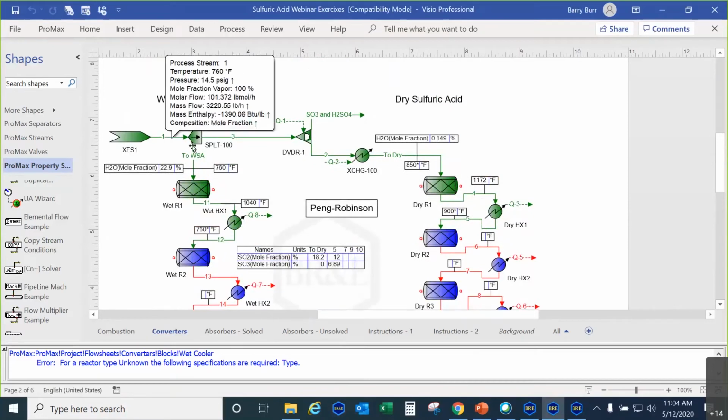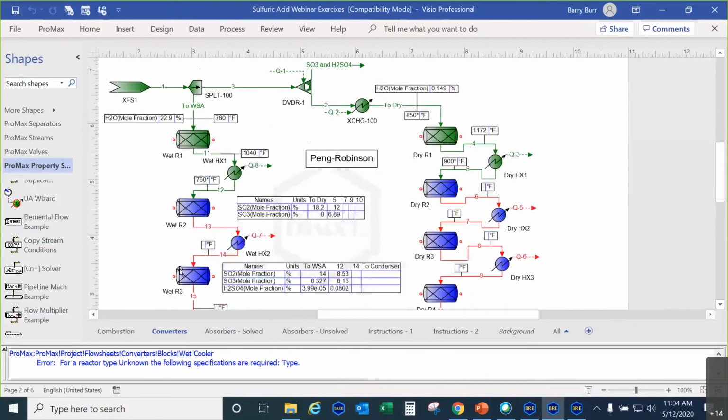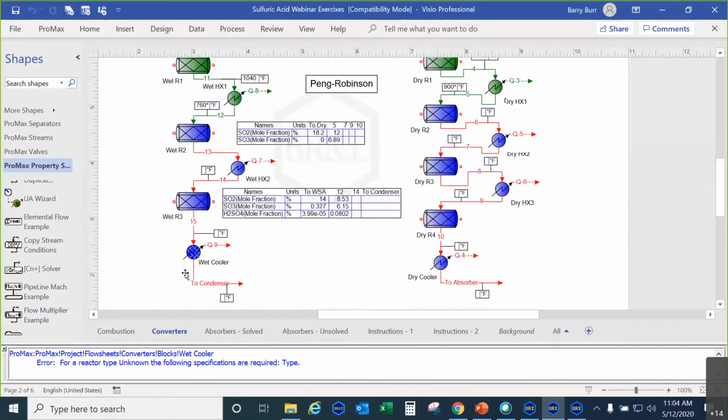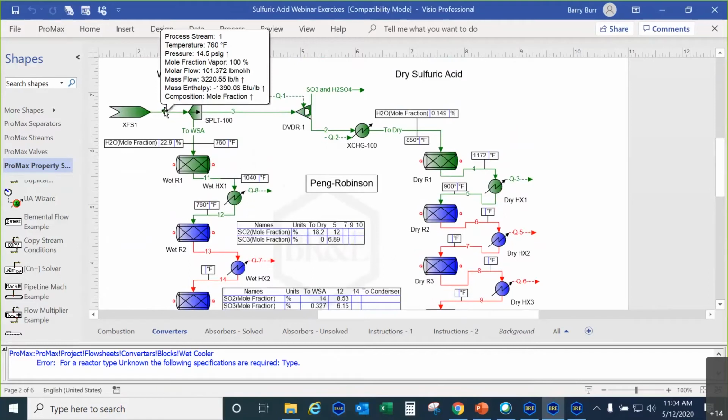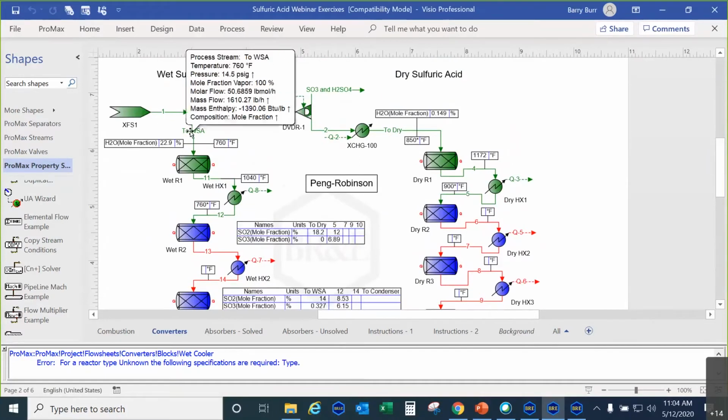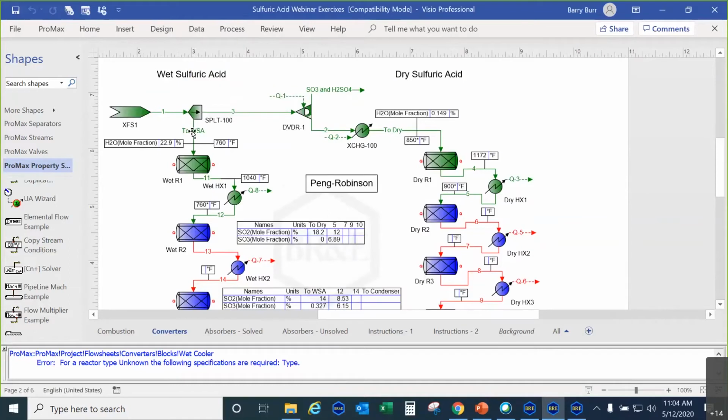And here we have this set of beds on the left-hand side, which is for the wet sulfuric acid process. So it takes the SO2 rich gas in its wet form from the combustion simulation upstream. It takes that gas and doesn't even cool it.